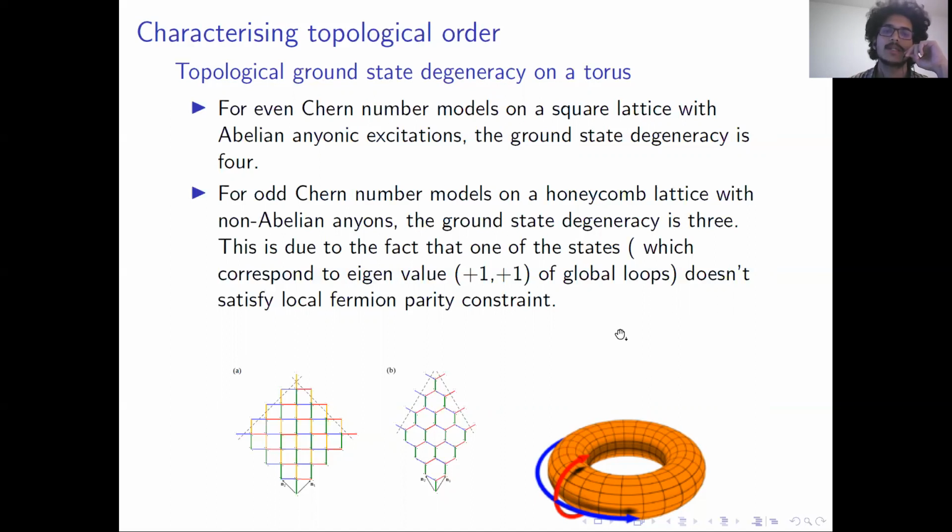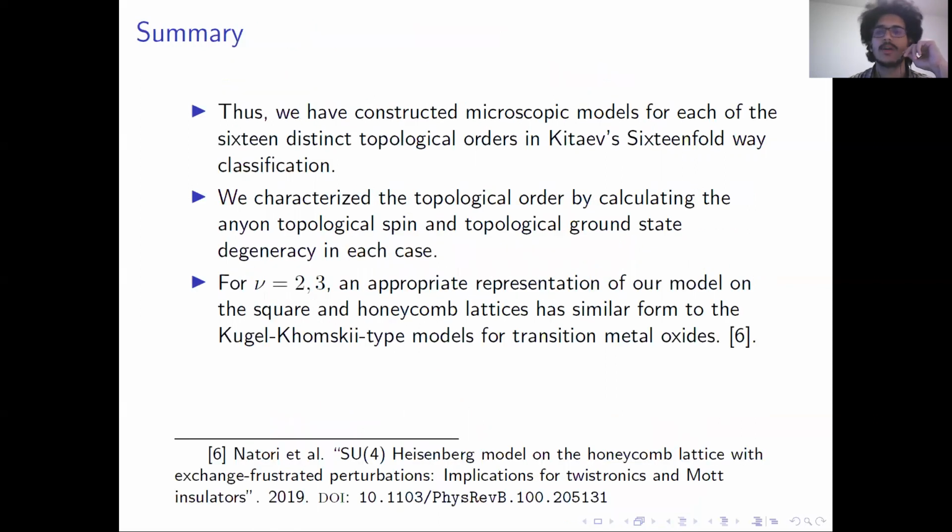So the ground state degeneracy is 4 for even Chern number models. For odd Chern number models, however, it's 3, because one of these states, which has eigenvalue +1, doesn't satisfy the local fermion parity constraint.